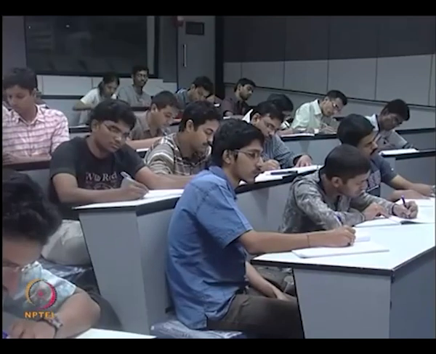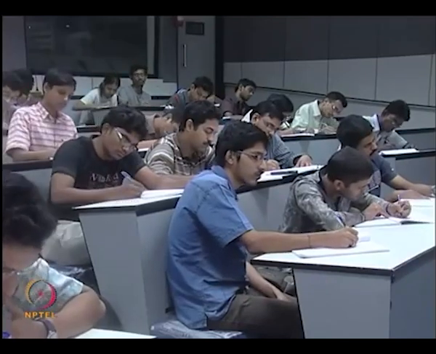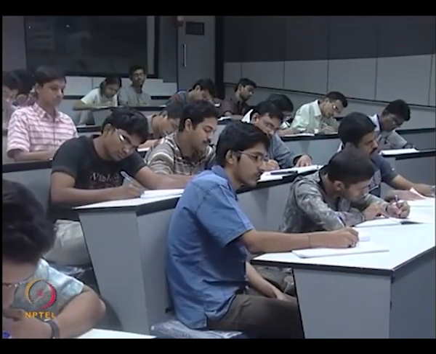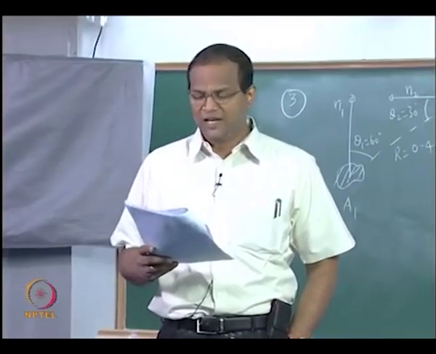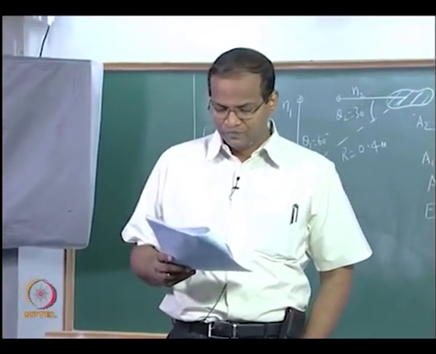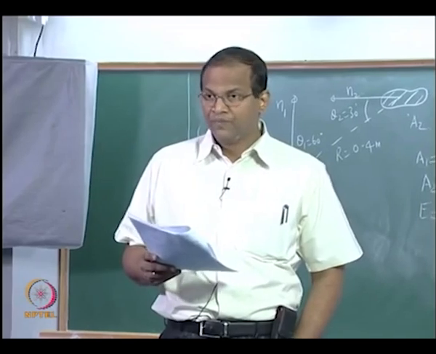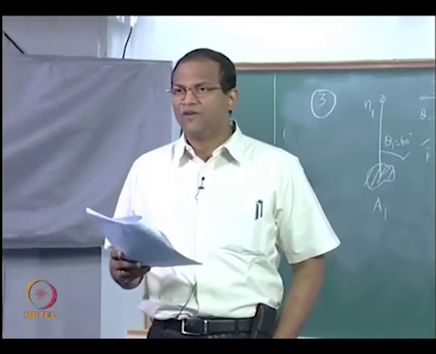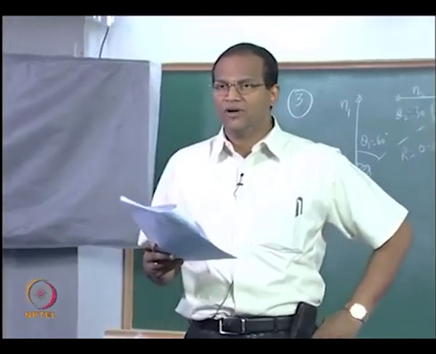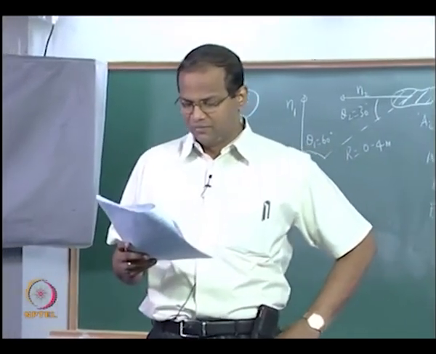With a total hemispherical emissive power, or you say with an E of 9 into 10 to the power of 4 watts per meter square. Please remember E is total hemispherical emissive power. Okay, with a total hemispherical emissive power of capital E equal to 9 into 10 to the 4 watts per meter square, full stop.